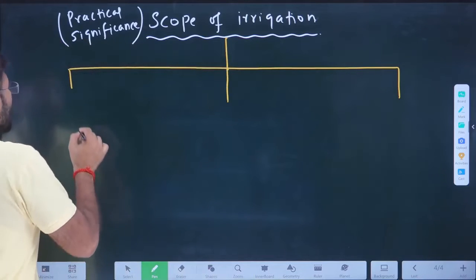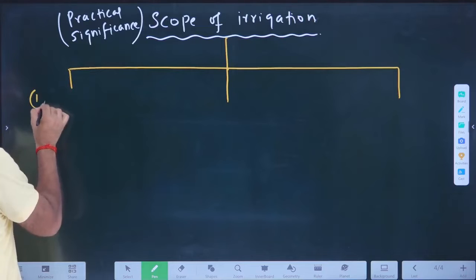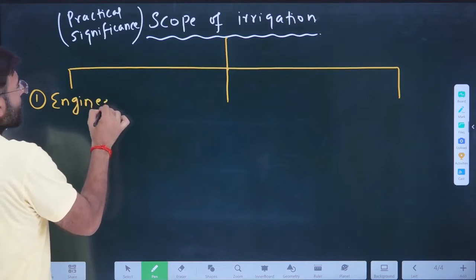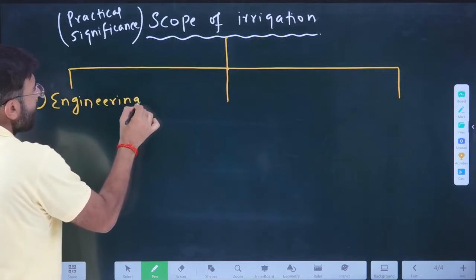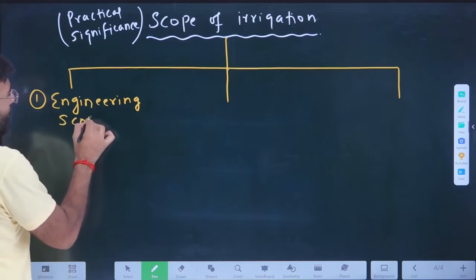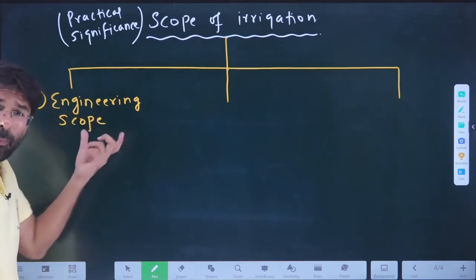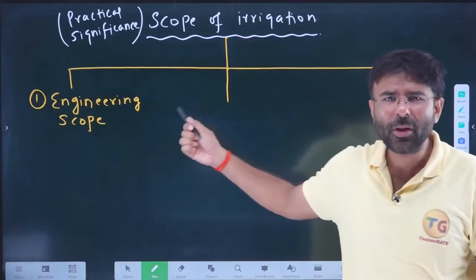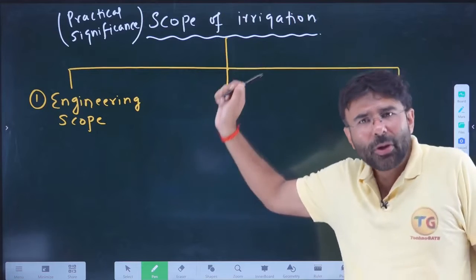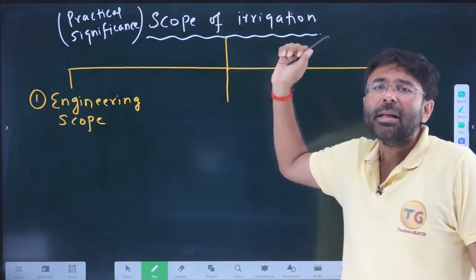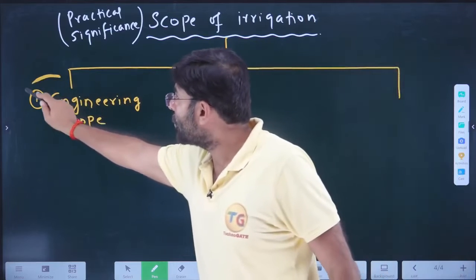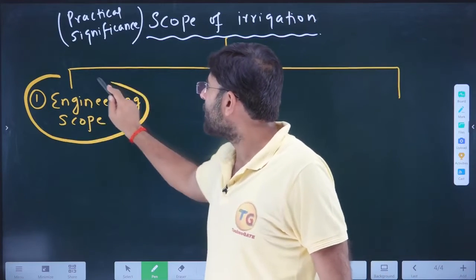The first scope, or the first practical significance, I am writing it as the engineering scope, which is important for us as civil engineers. This scope is important because we are engineers, and because we are studying irrigation engineering, the study of irrigation engineering as a civil engineer is only due to this practical significance.